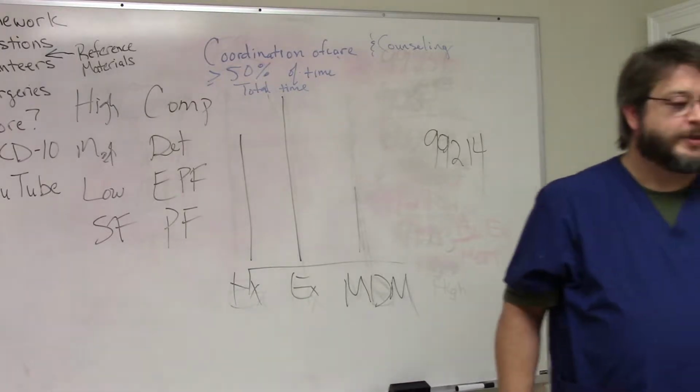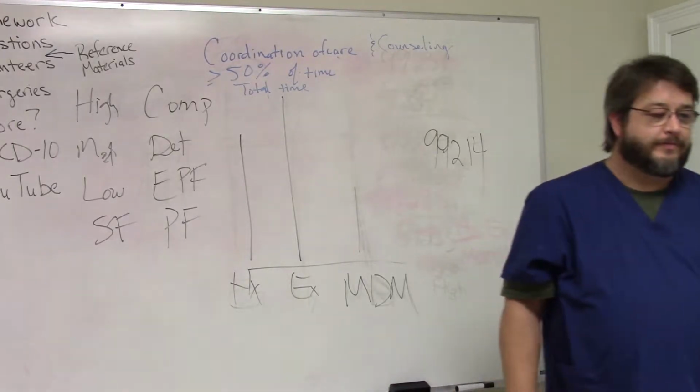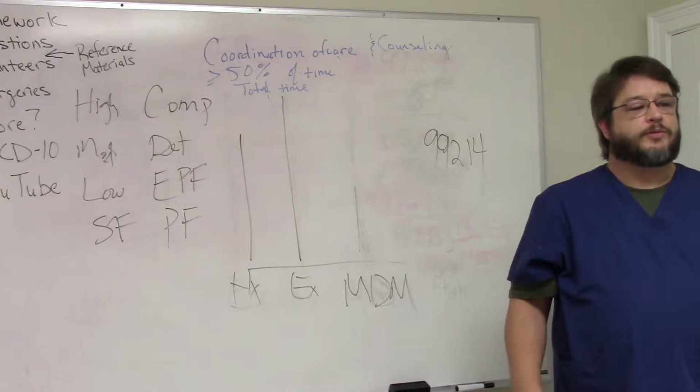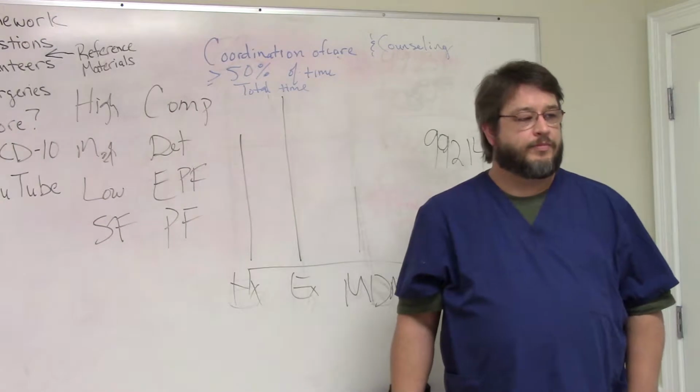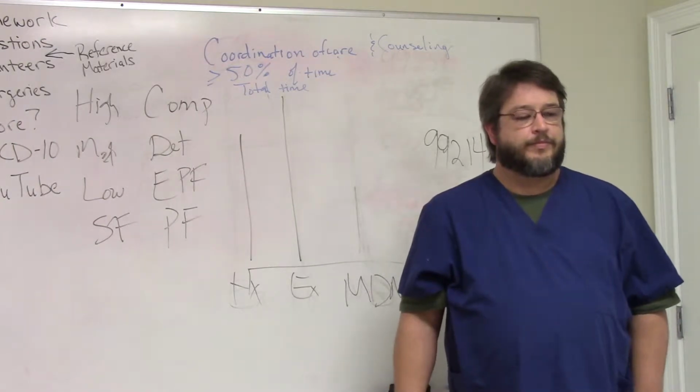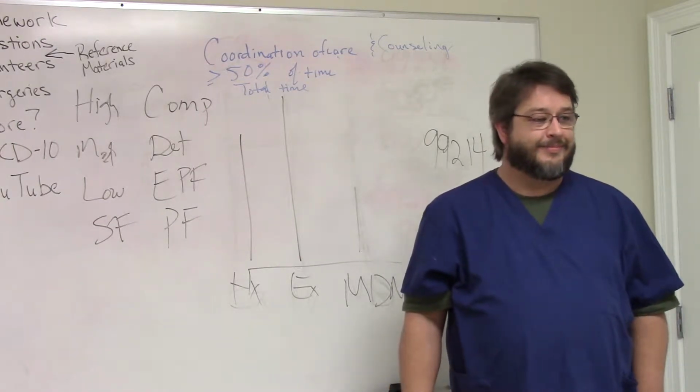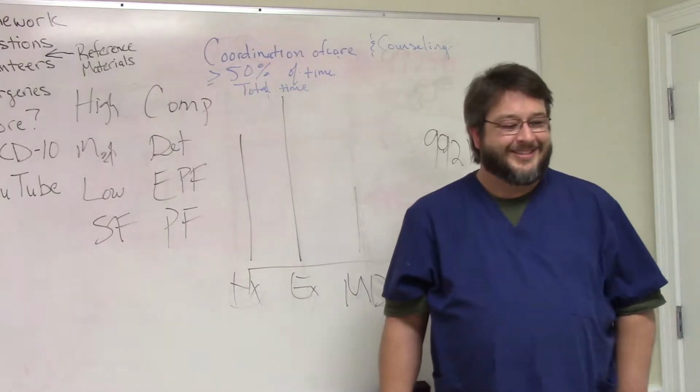For an established patient, you only need 2 out of 3. So you drop the lowest one, and it's the other 2 that determine what your level is. That's it in a nutshell.